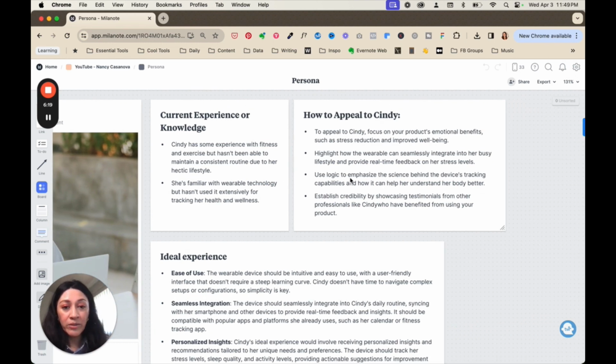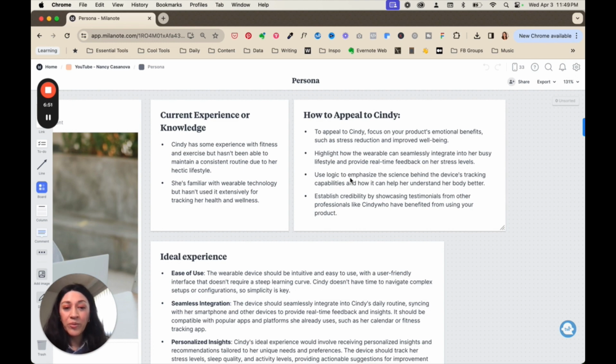But the way to appeal to Cindy is through benefits like how it can help reduce stress and improve your well-being, incorporating not only how it helps her into the messaging, and then highlighting how it seamlessly integrates into her busy lifestyle, and how it can provide real-time feedback for her stress levels. Maybe there are patterns that Cindy can identify as she's wearing this wearable technology that can help her become more self-aware.